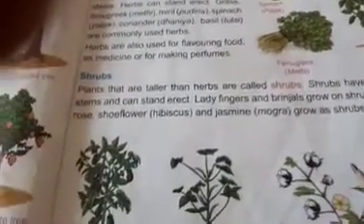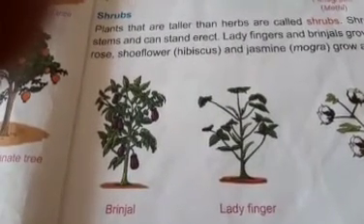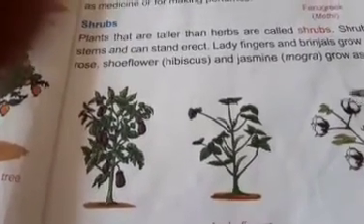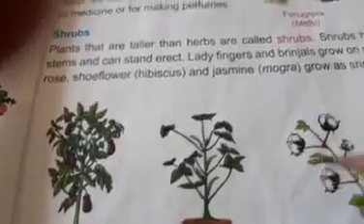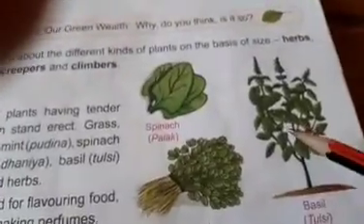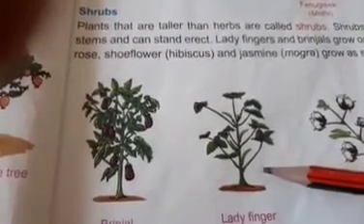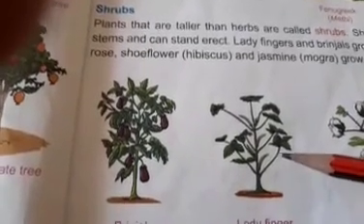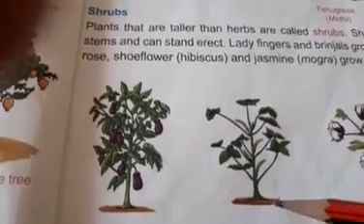Now shrubs. Shrubs are plants that are a little bit taller than the herbs. See, it is a herb and it is a shrub. Shrubs have a strong woody stem and can stand erect.